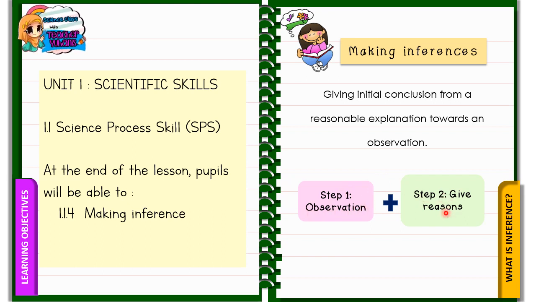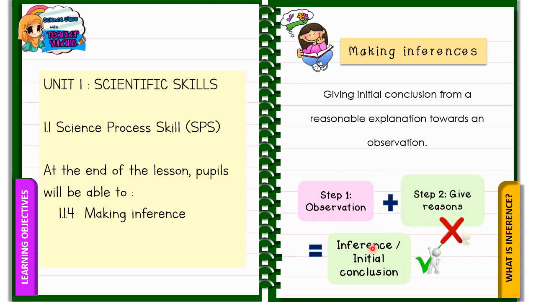Second step, give reasons to the observations. And then we'll get inference, or also known as initial conclusion. Remember, the inference can be right or wrong. That is why it is also called initial conclusion.